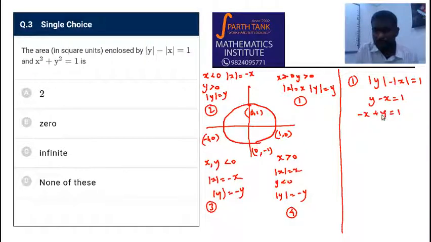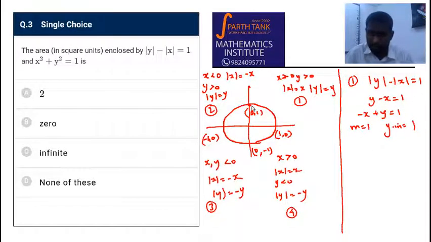This line has slope 1, and y-intercept would be minus c by b, which is 1. That is, if you put x is 0, you get y is 1. So this line starts from 0 comma 1 and is at an angle 45 degrees, and it goes here.